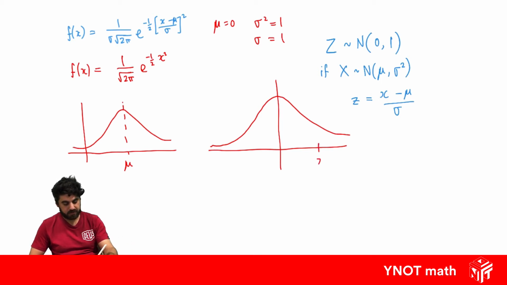So a score of Z could be here, and we're going to use the fact that we're symmetrical, and we could have a score of minus Z over here.